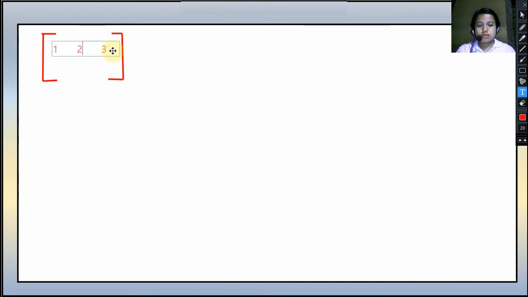Then below we have 4, 5, 6. So that is our first matrix. Then we'll add another one.